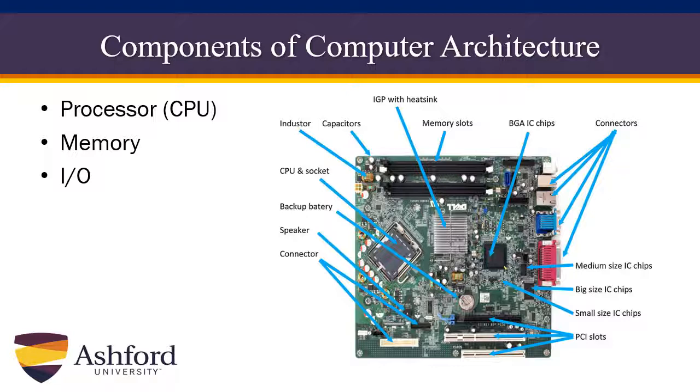You'll see PCI slots, which allow for expansion cards. You'll see a backup battery, often called a CMOS battery. You'll see lots of other small integrated circuit chips all throughout this motherboard. And you'll see connectors for input-output, including your keyboard, your mouse, and your monitor or display.